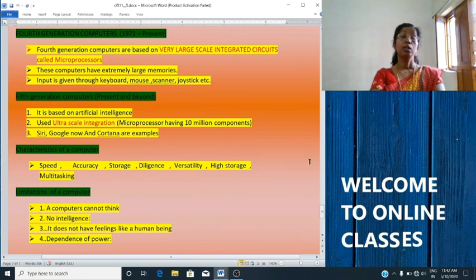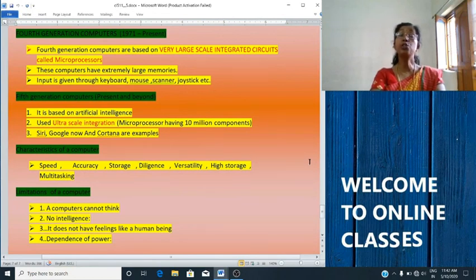Then we studied about the characteristics of a computer. What are the characteristics of a computer? Speed. The computer is very fast. Then accuracy, does not make any mistakes. Even though it is working for long hours, it can maintain the same speed and accuracy.